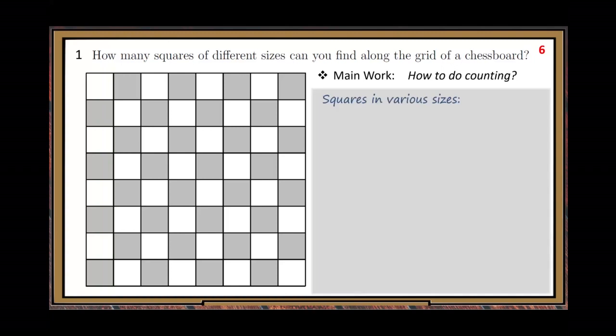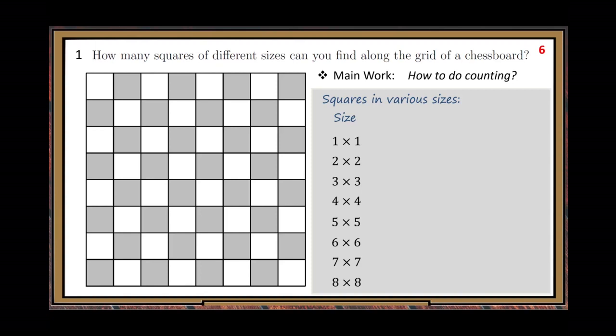All right. So here, let me list all the categories, all the possible sizes. The first column, the size number. So these 8 possible sizes.